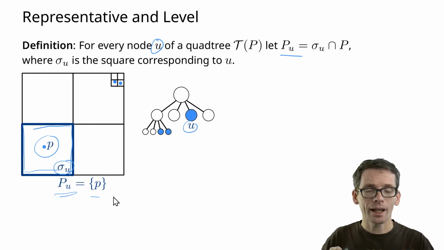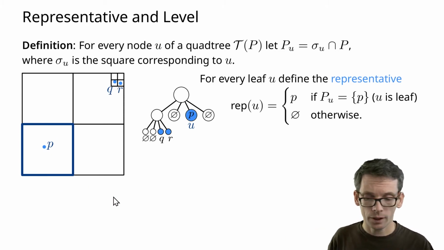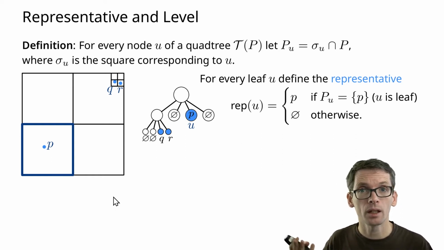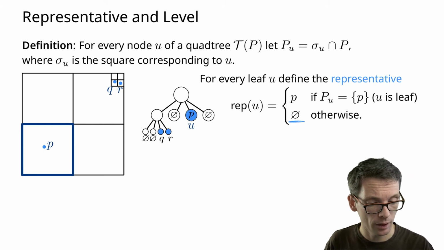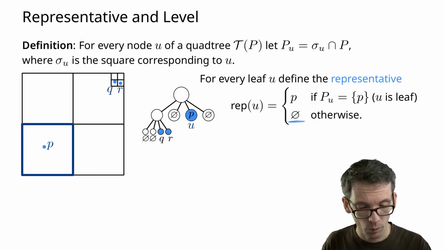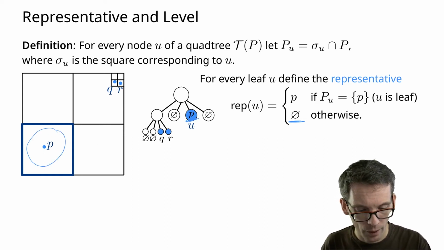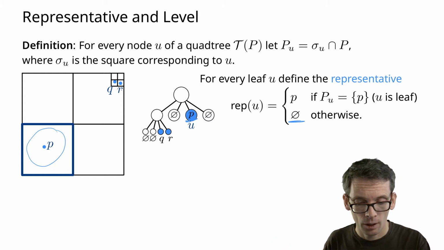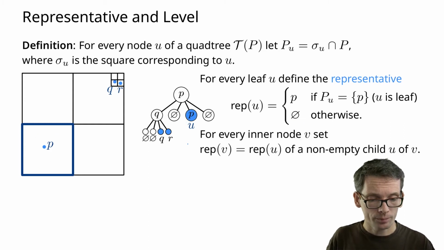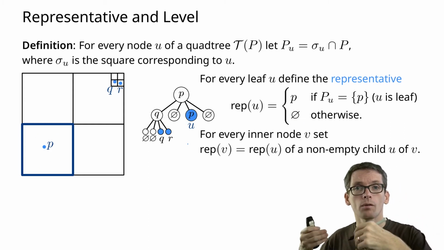And now a representative is the following. So for any leaf as a representative, I take simply the point that is in that leaf, if it's a non-empty leaf. Otherwise I define it as being the empty set. So here there are 3 non-empty leaves. This one here, which is u, and there the representative is simply p, and then I have q and r here. And then for inner nodes, I simply take an arbitrary representative of one of the children.